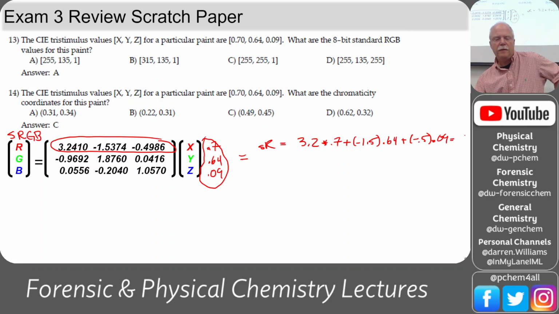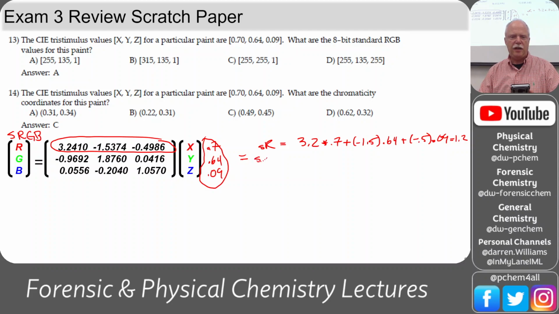Okay, so pull out your calculator. Enter 0.7 times 3.2, then 0.64 times minus 1.5, then 0.09 times minus 0.5. That gives 1.23. Okay, so 1.2.